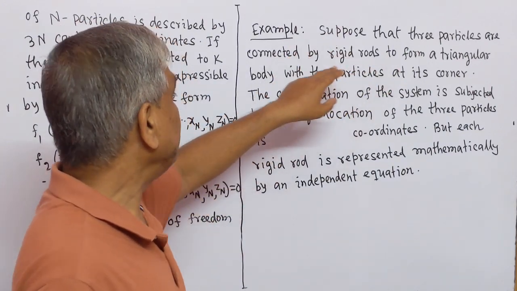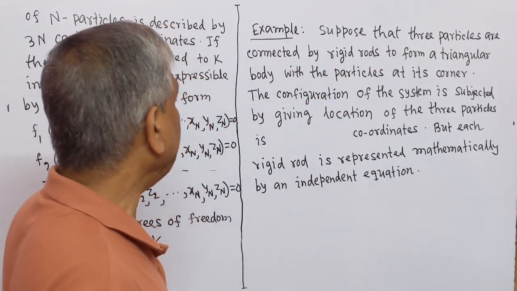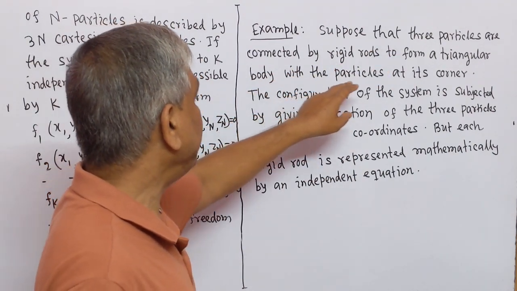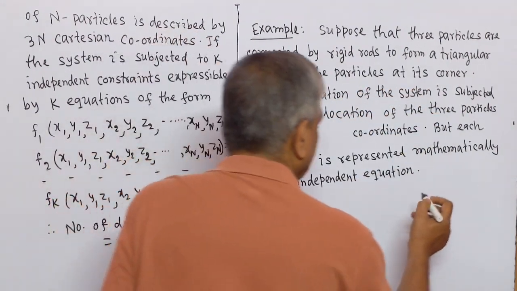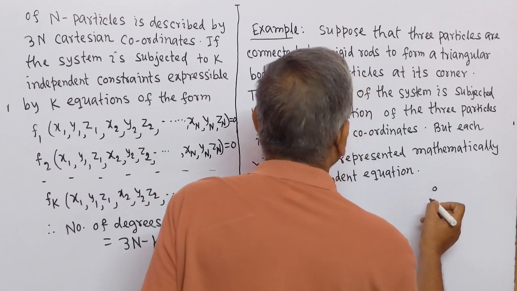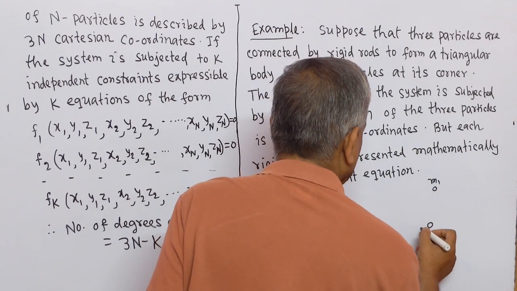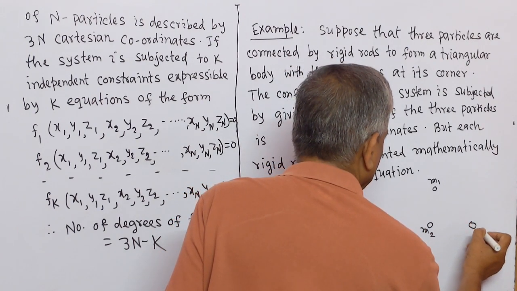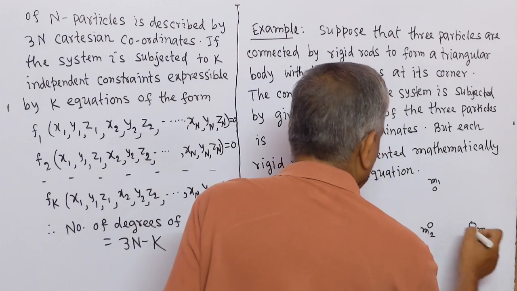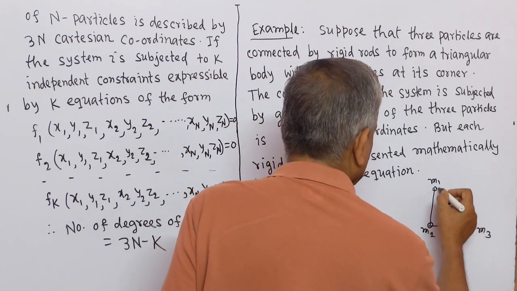Suppose that three particles are connected by rigid rods to form a triangular body with the particles at its corners. Here one particle is M1, the second particle is M2, the third particle is M3. All are connected by rigid rods.